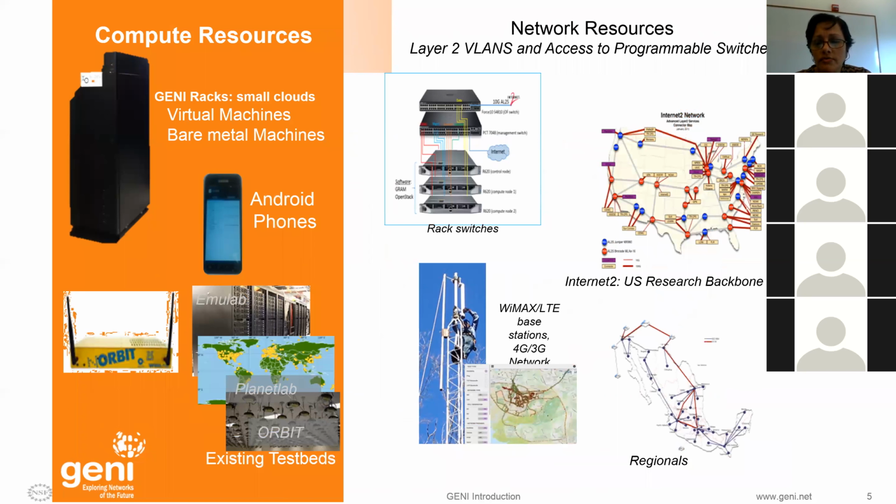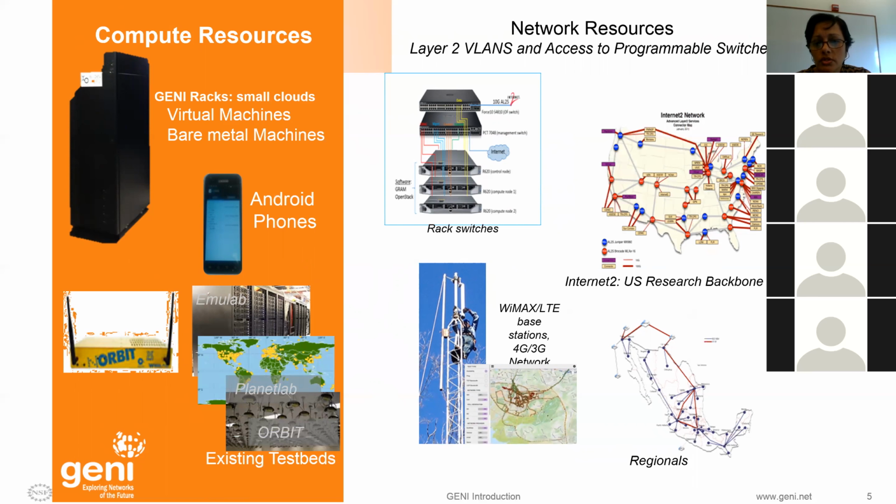So what you have on this slide on the right gives you more of a picture of those network resources. You have access to programmable switches and layer 2 VLANs. So you have lots of rack switches, and this is what we mean by deeply programmable. You don't just have access to computers where you can install your own software, but you can also program the switches and run your own new protocols and so forth.